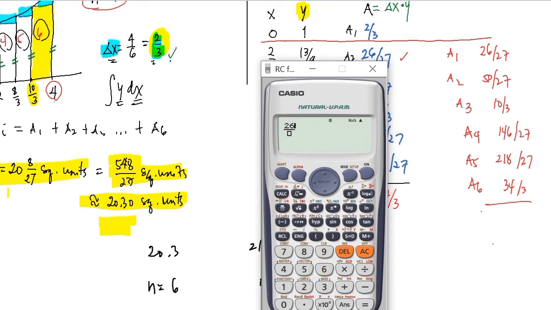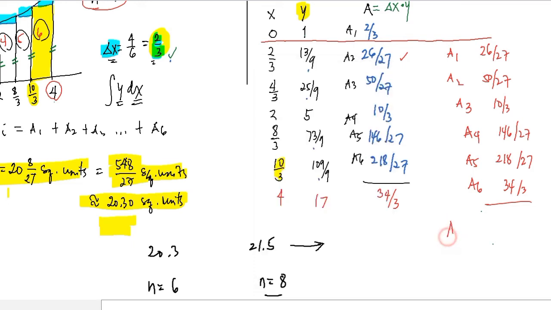So, 26 plus 50 plus 146 plus 218 over 27 plus 10 plus 34 over 3. And our answer is 836 over 27. So our area is 836 over 27 square units.